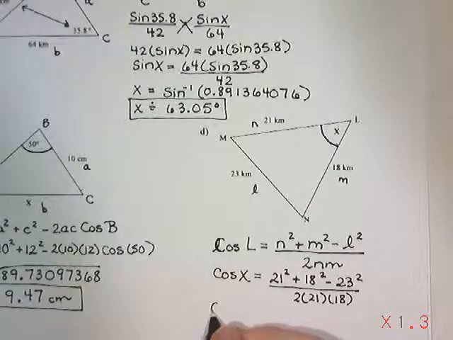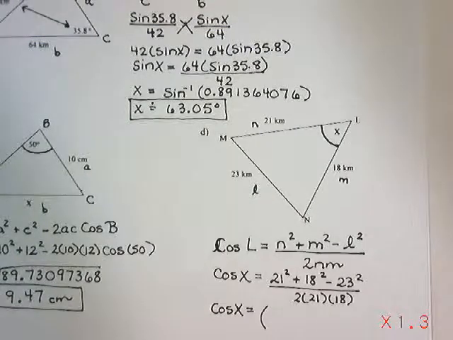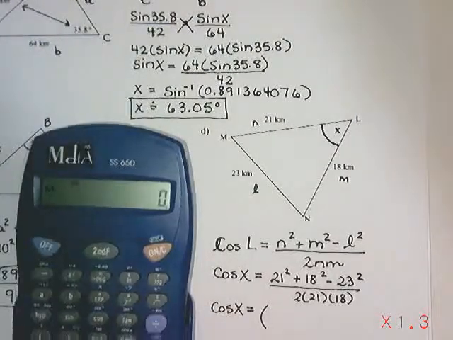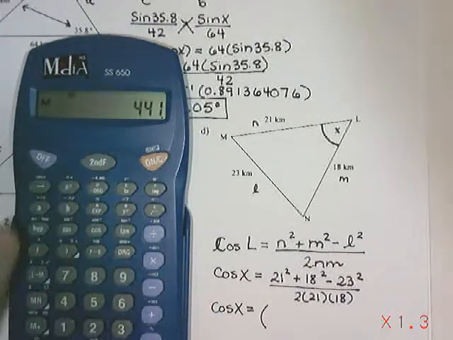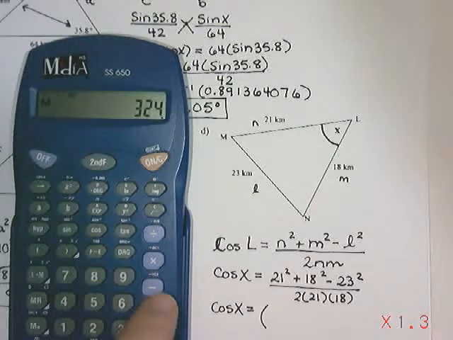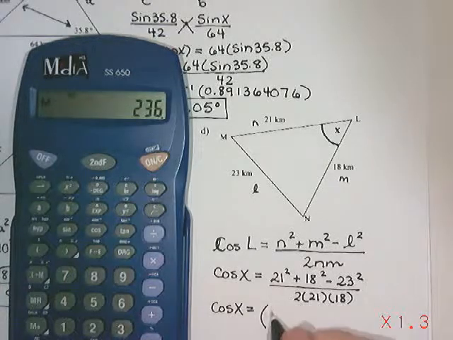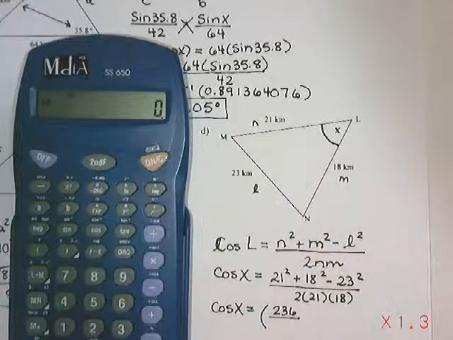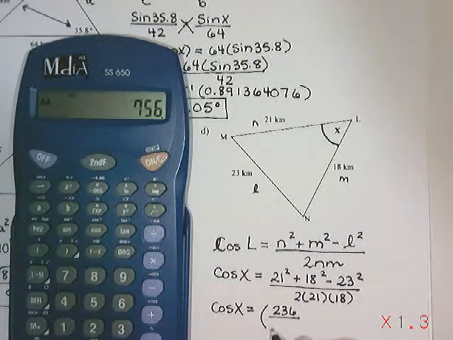Now, I'm going to work out the numerator and the denominator separately first to make this a little bit easier. So 21 squared plus 18 squared minus 23 squared is 236. And then on the bottom, 2 times 21 times 18 is 756.